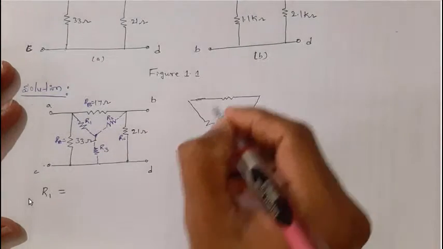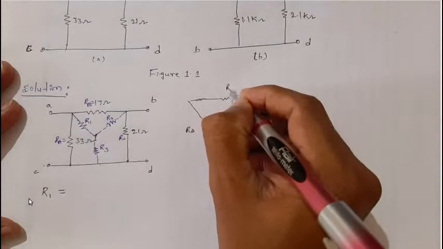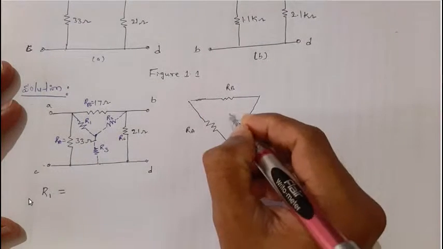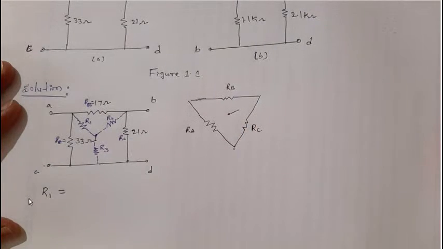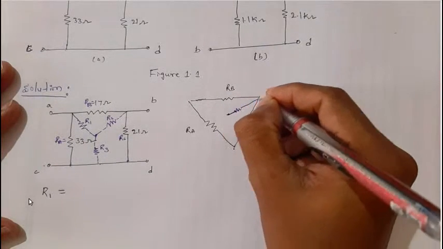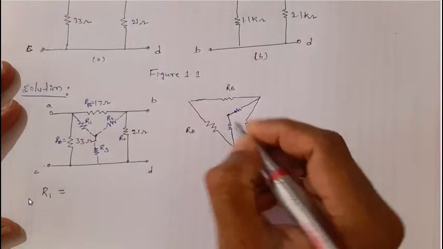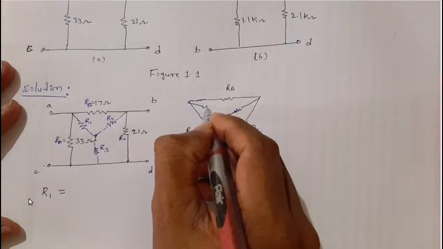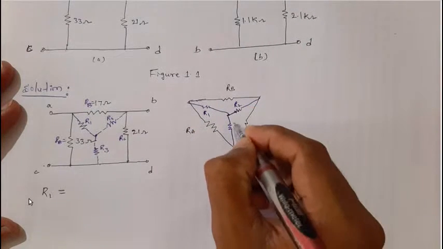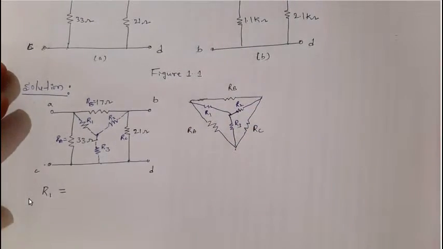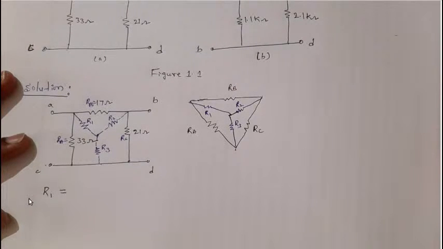Now see, this is RA, this is RB, this is RC, and I am converting this to an equivalent Y or T network, where I am calling these R1, R2 and R3.